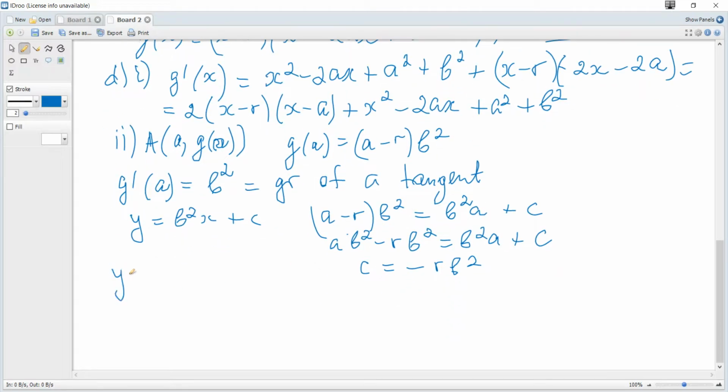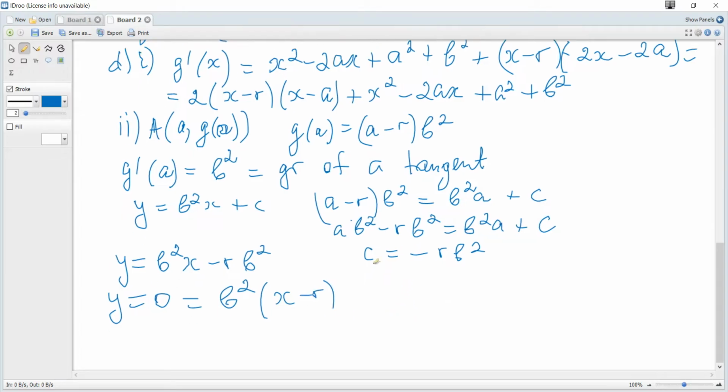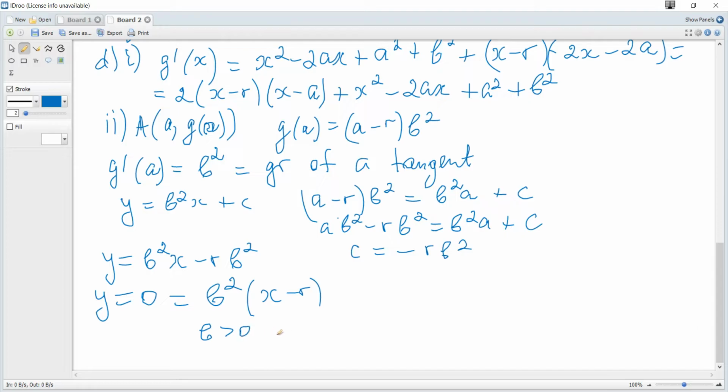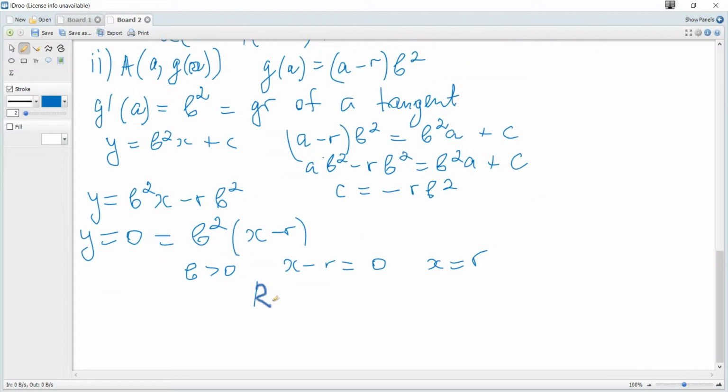Hence y becomes b squared x minus r b squared, and we need the x-intercept, so y is 0, and it's b squared multiplied by (x minus r). Since b is greater than 0, x minus r is 0, so x is r, and hence the x-intercept is at point R with coordinates (r, 0), as required.